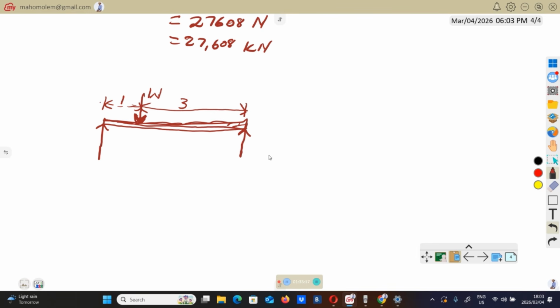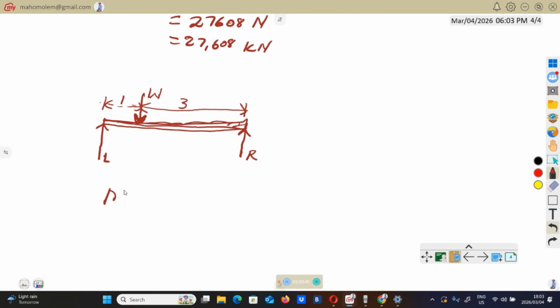All right, so to calculate the bending moment, normally we take reactions here. You calculate the reaction on the left side and the right side. Or we have a shortcut formula.